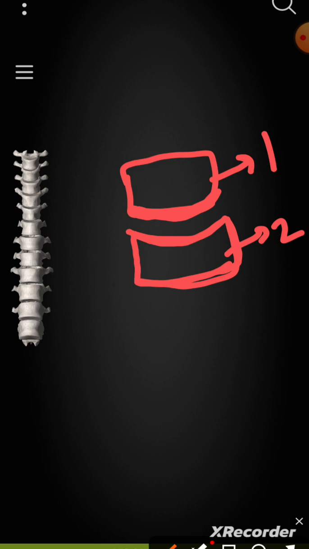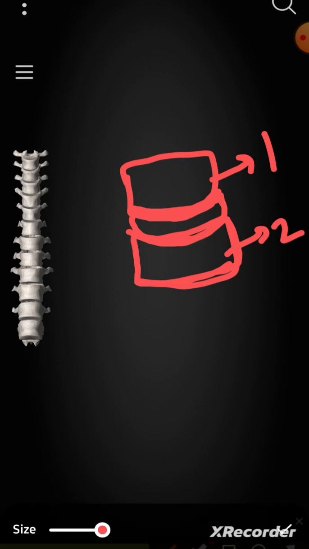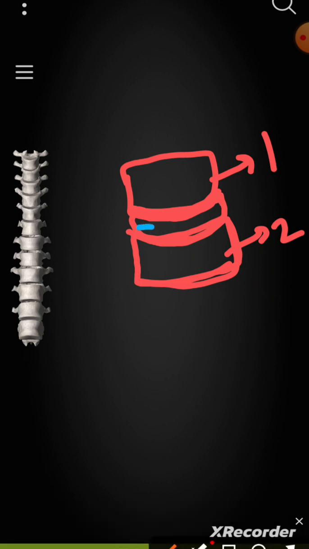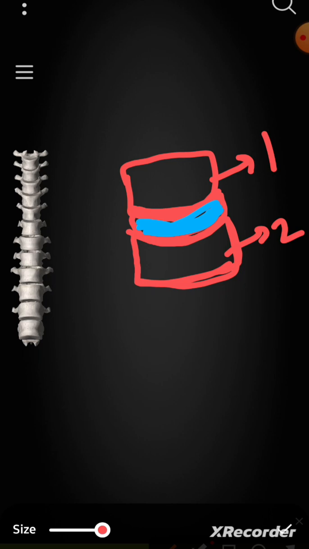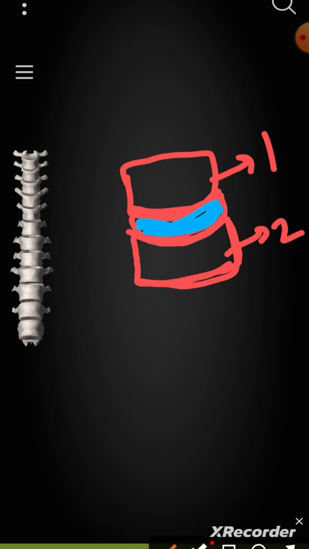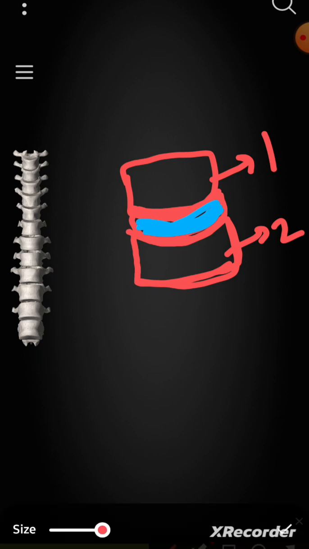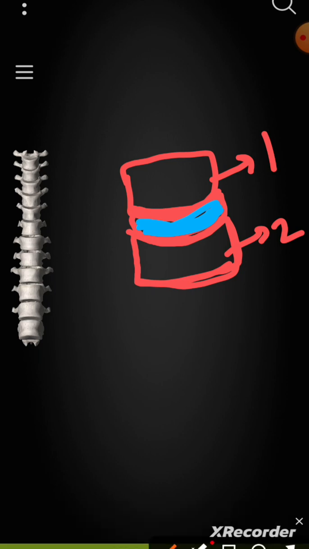When these vertebrae join each other, here is the intervertebral disc. Okay, don't get confused. Now these join each other. Here are facets to articulate the head of the rib.